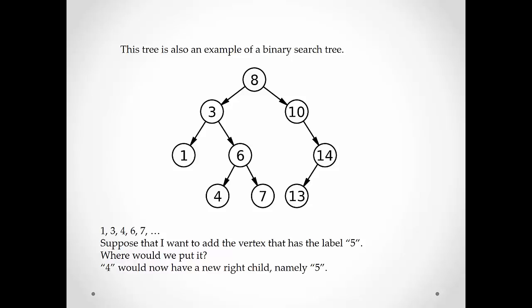And if we did it that way, when we traverse in order, we would have 4, 5, and 6 as the order in which we would do the traversal.